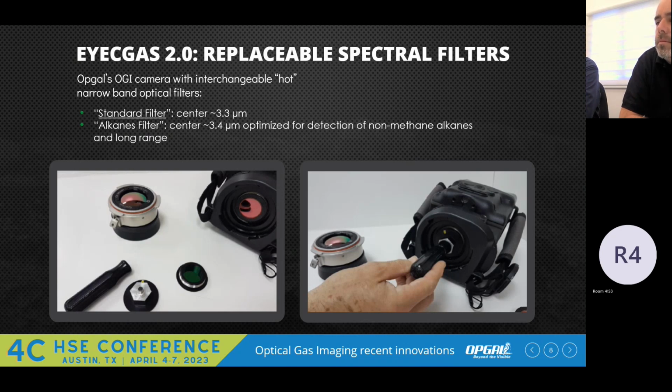If we are measuring from close by or far away, or for a specific group of compounds, we can replace the filter in a couple of minutes and optimize the detection to the application. So this is the kit that comes with it: you can take off the lens, unscrew the filter, and screw in the new filter, do one press of the calibration button, and you're ready to go in a couple of minutes with the new filter to match another application.